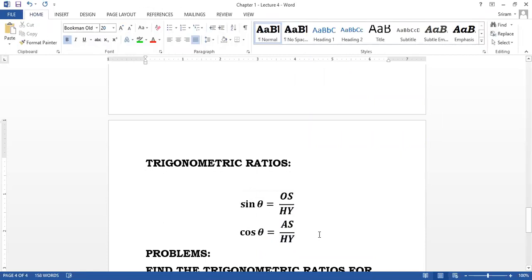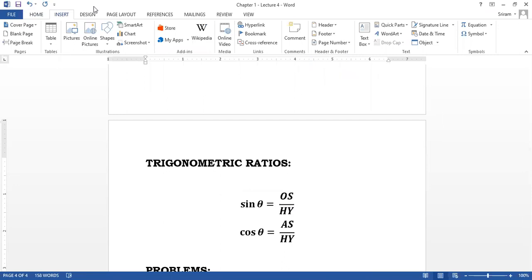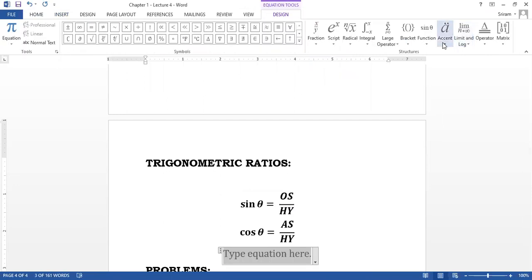We are going to take the next side. Now we are going to define the third ratio, which is called tan theta.